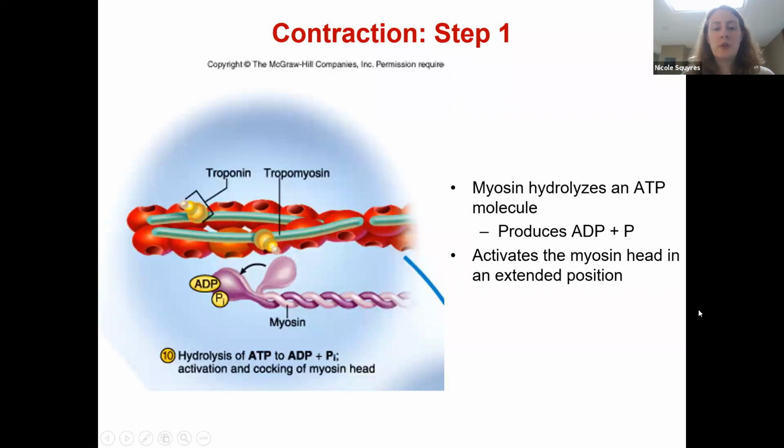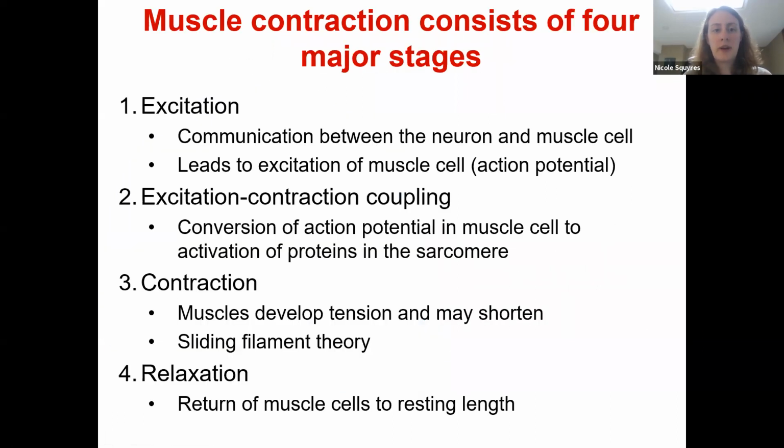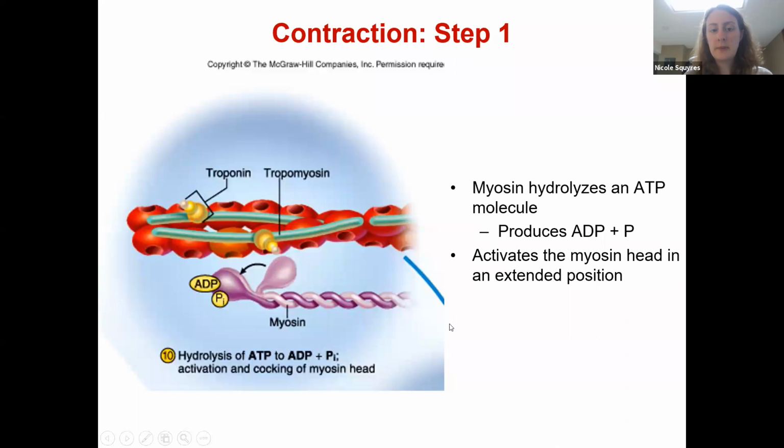So step 1 of contraction, and we mentioned previously that, if we just go back for a second, the result of excitation and excitation-contraction coupling is that you're going to have this release of calcium from the sarcoplasmic reticulum into the sarcoplasm of the muscle cell.